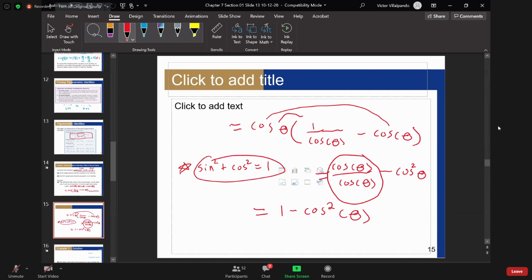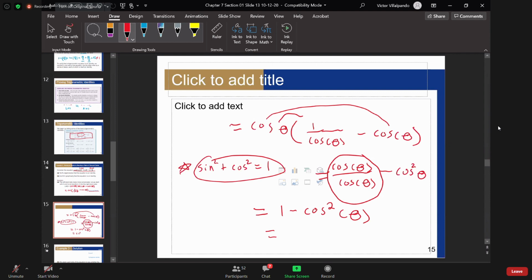The Pythagorean identity. I hope you can see now how we're about to approach sine squared. We're almost there. Look at the 1. I'm trying to turn this into sine squared. That's the next step.